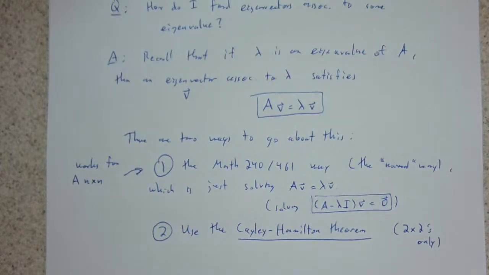Now, how does this work, and how does this factor into basically any of the stuff that I care about here? So first of all, what does the Cayley-Hamilton theorem say? Cayley-Hamilton says the following.